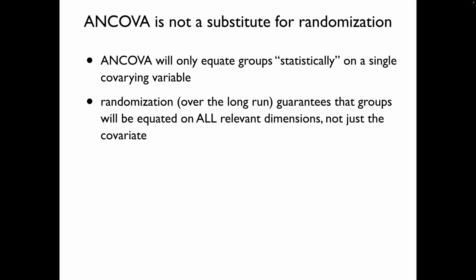When we do the statistical adjusting after the fact, it's only based on one variable, the covariate. People or subjects in the experiment could be different from each other on all sorts of dimensions, not just the covariate. And of course, we can't statistically correct for all of them. So the only real way to do that properly is through random assignment.